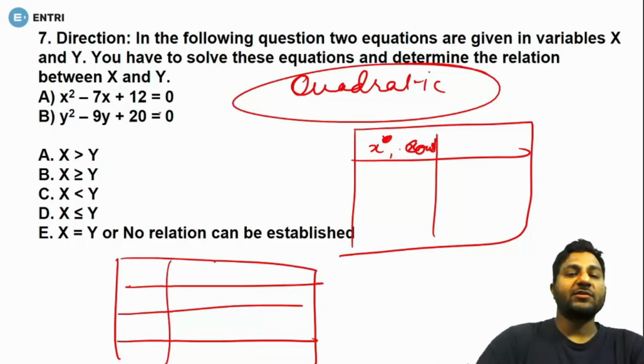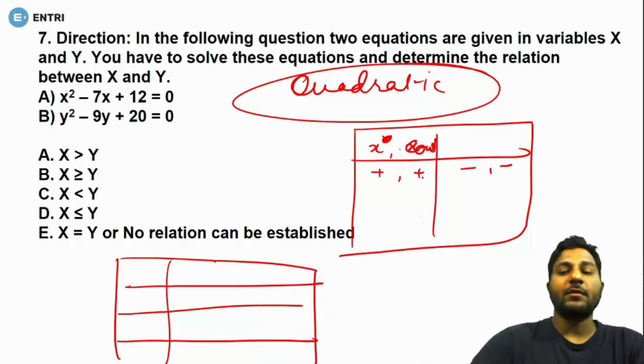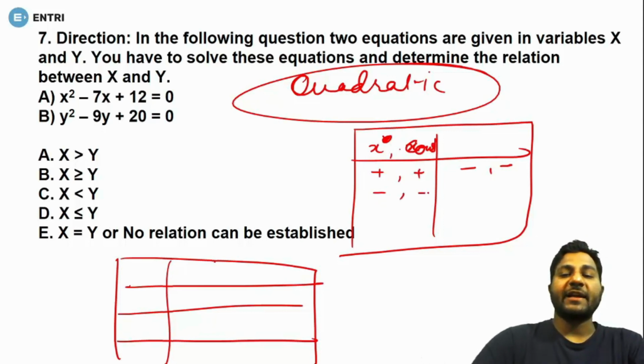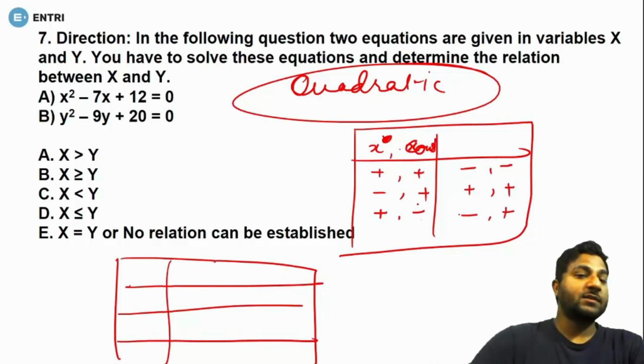Let's say that these two signs are plus plus. That means you will get the nature of the roots as minus. Let's say that the first sign is negative and the second sign is positive, then you will get both the roots as positive. Let's say that if the first one is positive and the second one is negative, the reverse will happen.